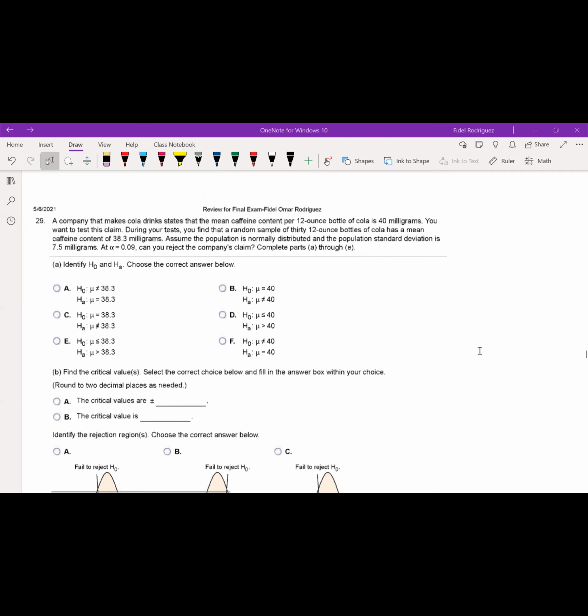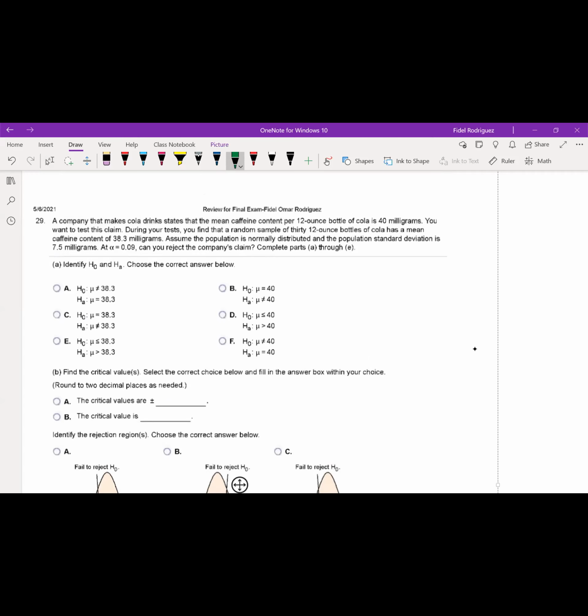Okay, definitely. Okay, so it says a company that makes cola drinks states that the mean caffeine content per 12 ounce bottle of cola is 40 milligrams. Okay, so I'm going to stop right there. When I read this problem right here, the mean is 40 milligrams.